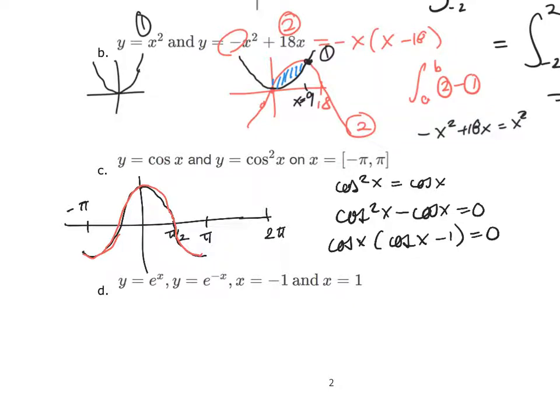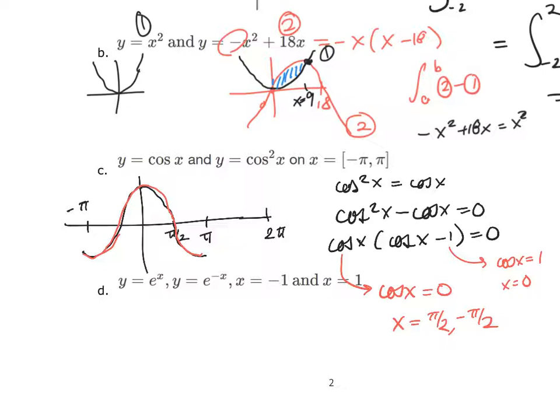Setting each one of these equal to 0 and solving, I get cosine x is equal to 0. That happens when we're at pi halves and negative pi halves. And then setting this equal to 0, I get cosine x is equal to 1. This happens when x is equal to 0, in this interval.